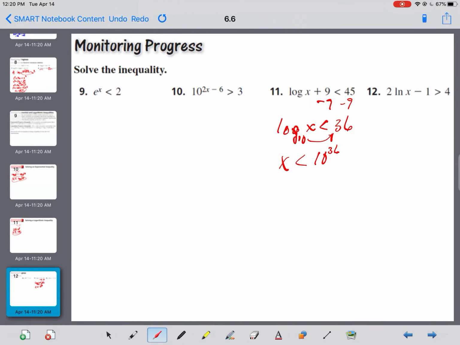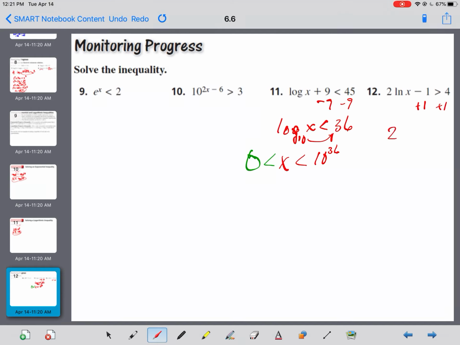They don't go a certain amount left or right. There's a stopping point. There's an asymptote. So we actually need to add in, it also has to be bigger than 0. It doesn't touch 0, but it's anything that's bigger than 0, and it can't get any bigger than 10 to the 36th, which is pretty huge. That's a 1 with 36 zeros on it.